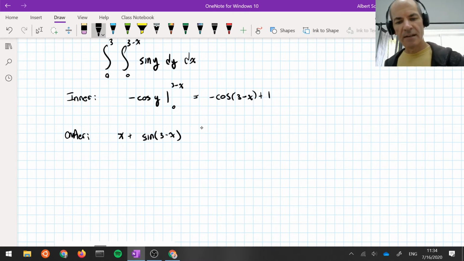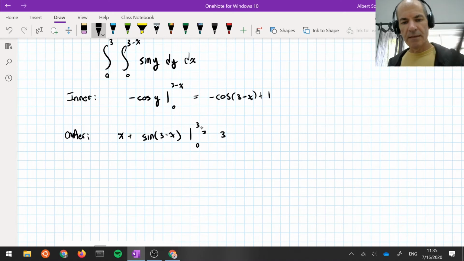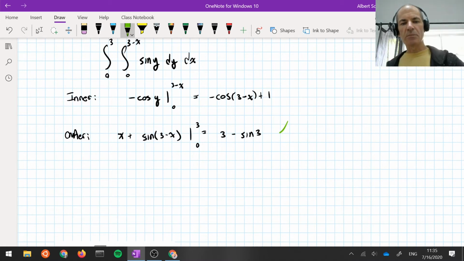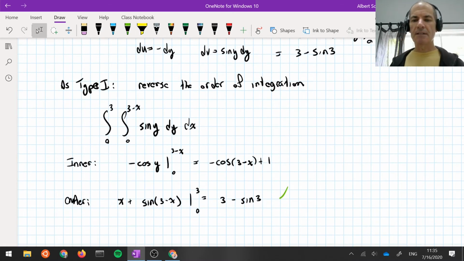Yes, I believe that. And I'm going to go from 0 to 3. I'm going to plug in 3, and I'll get 0, because 3 minus 3 is 0, sine of 0 is 0, minus, plugging in 0, I get 0 here, sine of 3 minus 0 is sine of 3, and we get the exact same result, but notice there was no integration by parts.